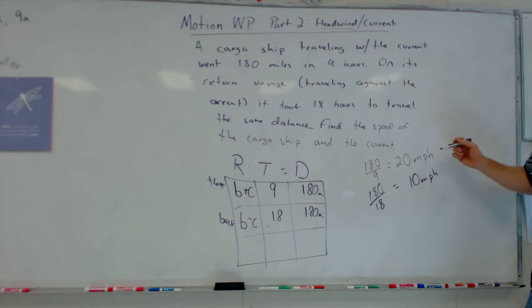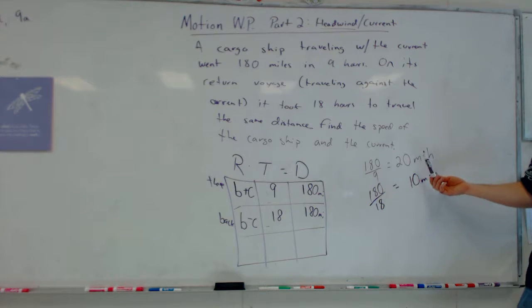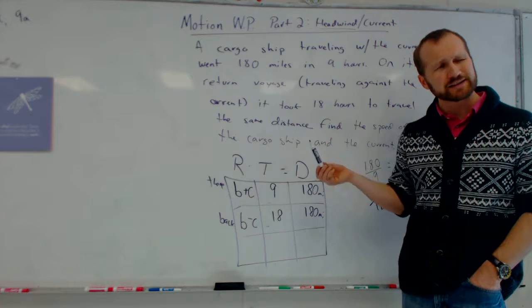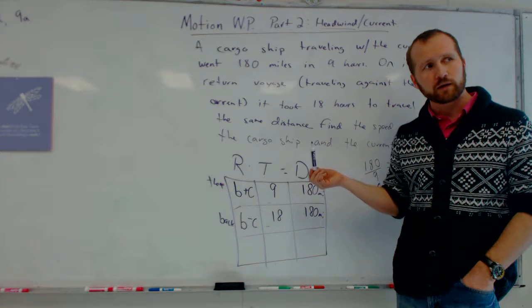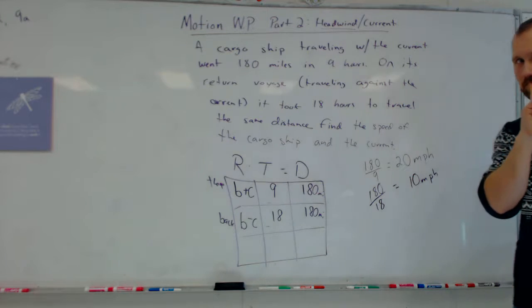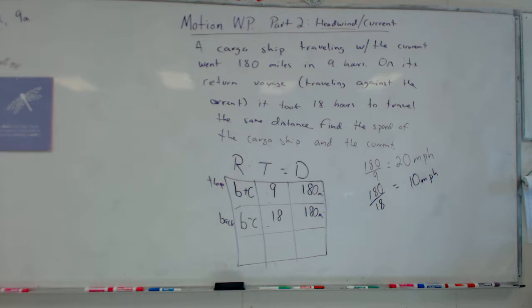From this point, there is an algebraic way of solving this, but if we think about what we have, we know that he has the speed of his boat. The current has to be the same. The current's going to stay the same. So the speed of his boat is 15 miles an hour, and the current is 5 miles an hour.